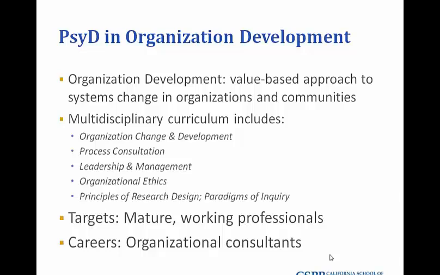The program as it is offered at Alliant on the Fresno campus targets mature working professionals. Whereas, for example, an MBA or a master's or PhD in OrgPsych tends to attract younger individuals, although we do have working professionals, more people in this OD program are mature or older working professionals who want to develop their careers in organizational consulting.